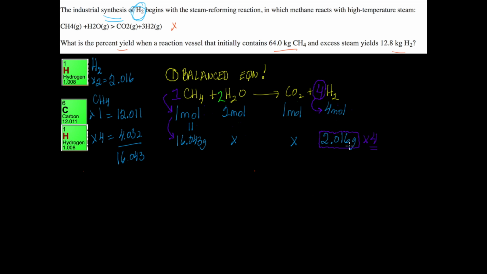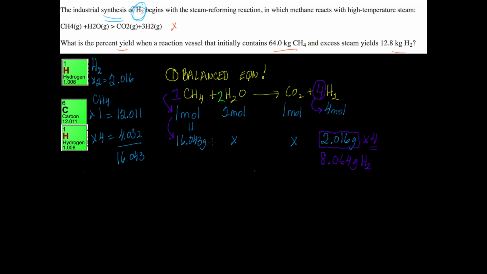Okay, so what I get on my calculator, we'll do that together, hopefully you're following along with your own calculator, is 8.064 grams. We're doing it this way so you can understand the concept.